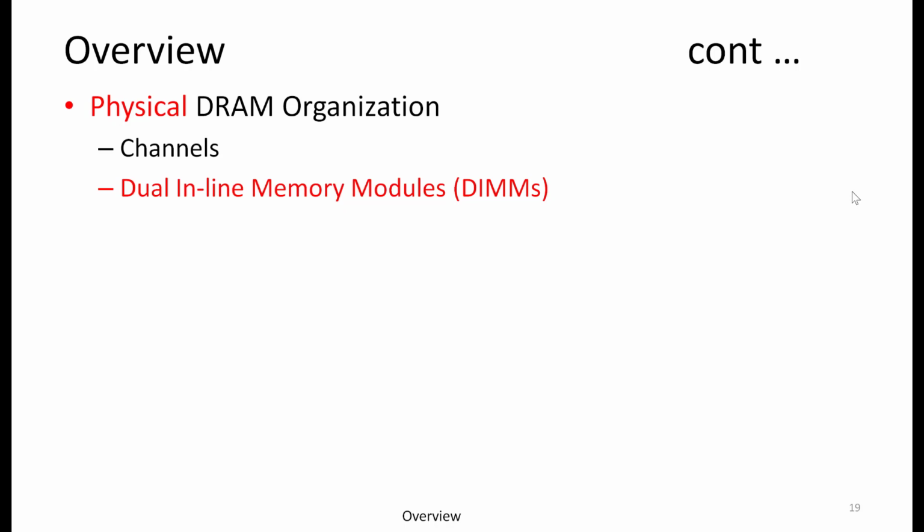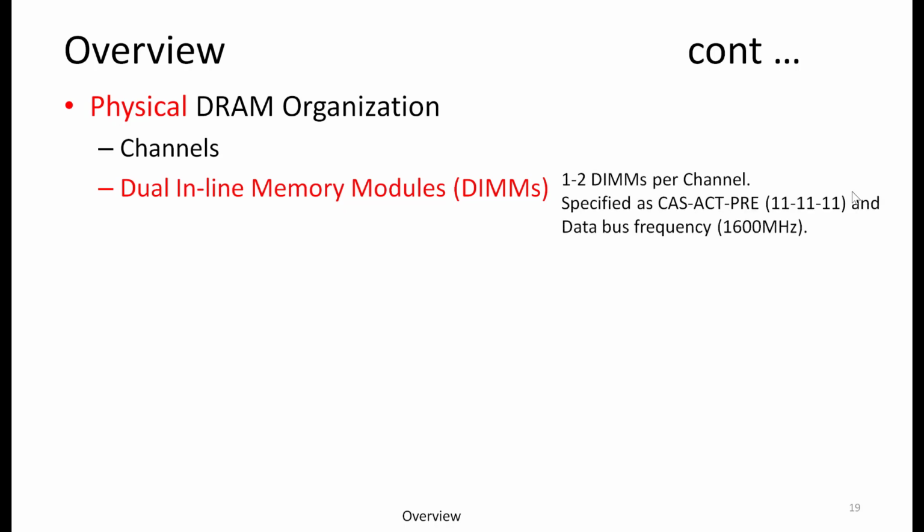Many of you would have already heard about this term. Each DIMM is specified by the CAS, ACT and pre latencies, and also the data bus frequency along with its capacity.